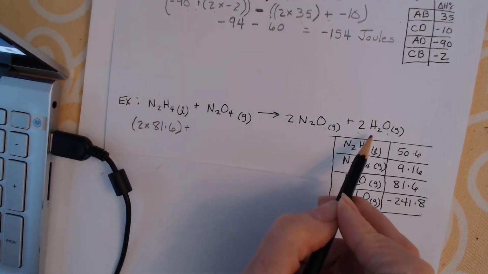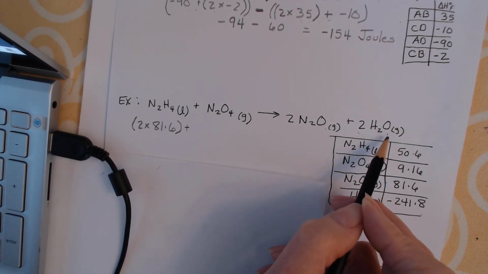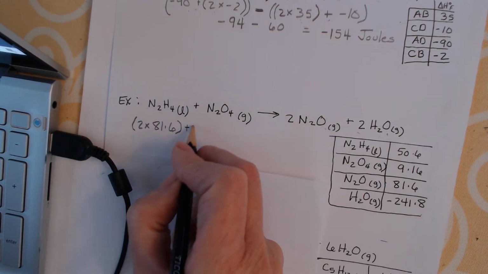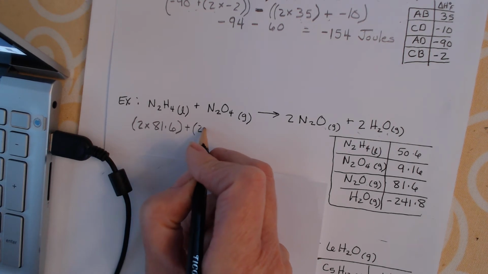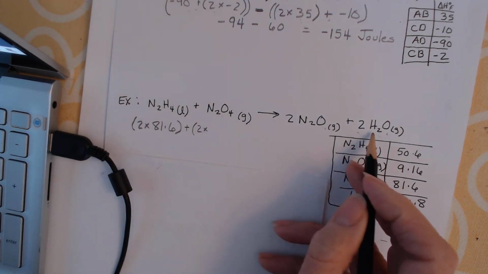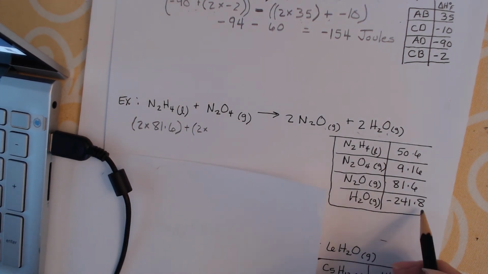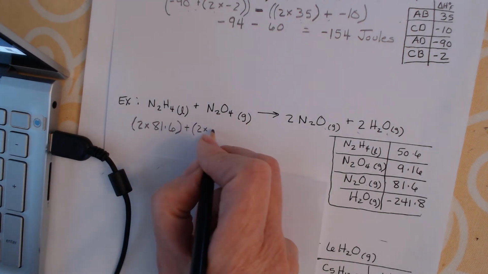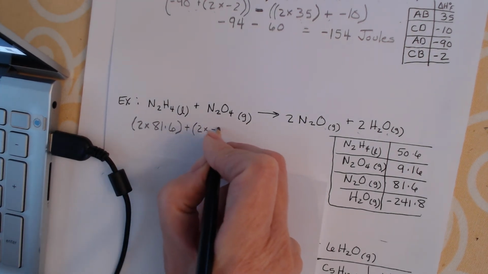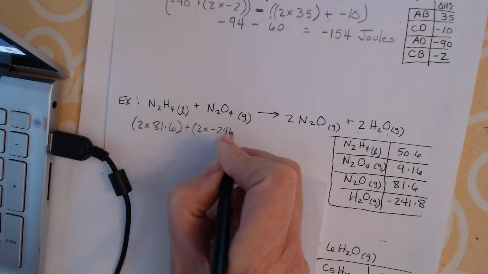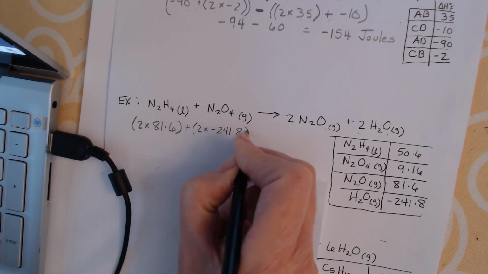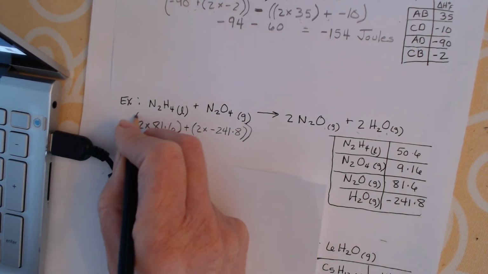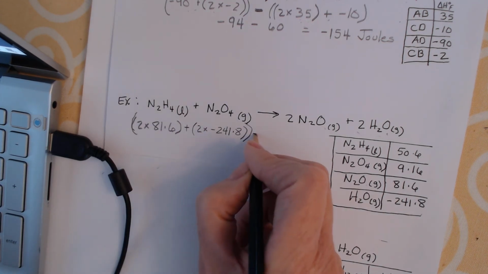I have to keep remembering, I've got to go back here for my products, don't I? Plus 2 times H2O is negative 241.8, negative 241.8. I'll put parentheses around this whole thing.